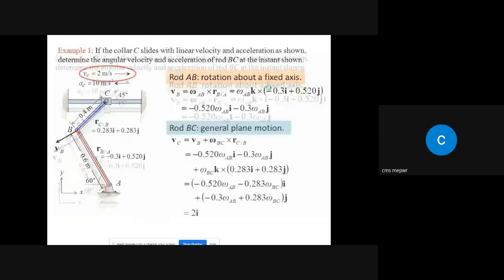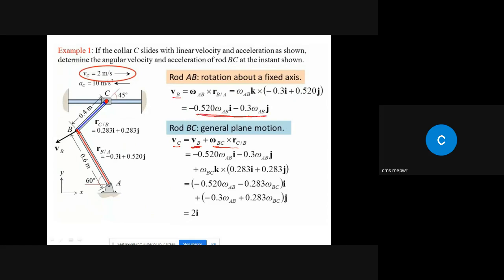So let's write it again. VC is equal to VB, that is translation plus rotation. Okay, so now we have the value for VB. So instead of VB, we can put this equation. When you put this equation, VC will become equal to VB, and then we have omega BC, and then RCB.